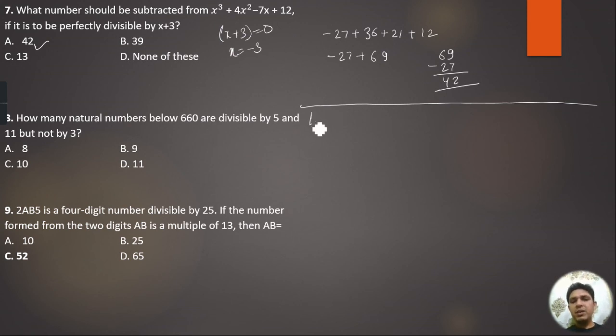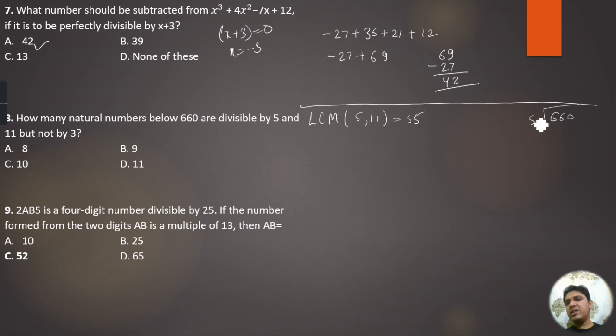So students, if the number is divisible by 5 and 11, so the number should be divisible by the LCM of 5 and 11, that is 55, right? If we check how many numbers below 660 are divisible by 55, so just divide 660 by 55.